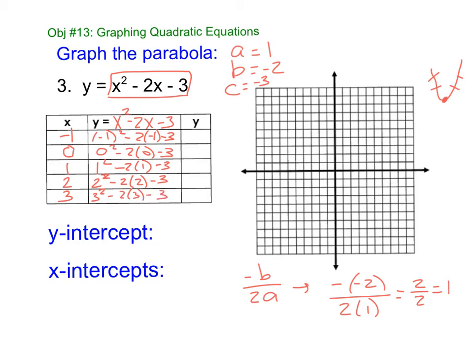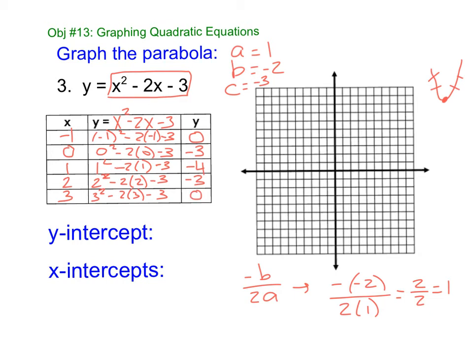So let's see, we get 1 plus 2 is 3, 3 minus 3 is 0. We get negative 3 here. Plug in 1, we get negative 4. Plug in 2, we get negative 3. Plug in 3, we get 0.